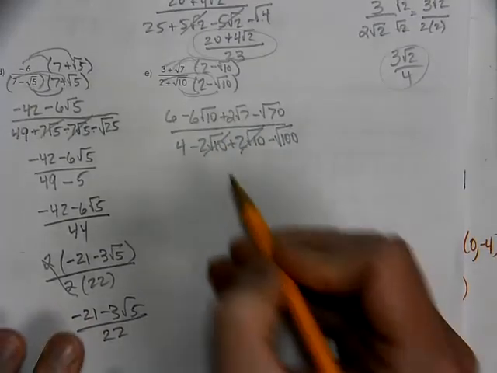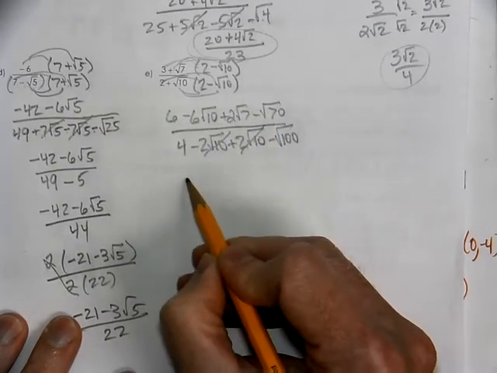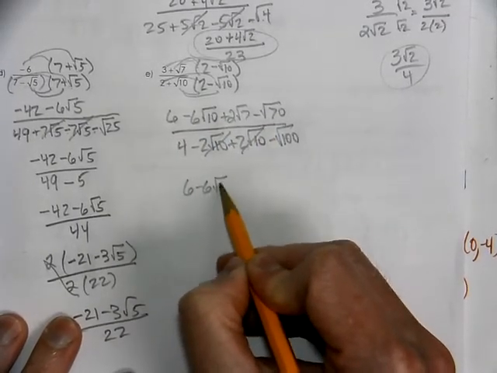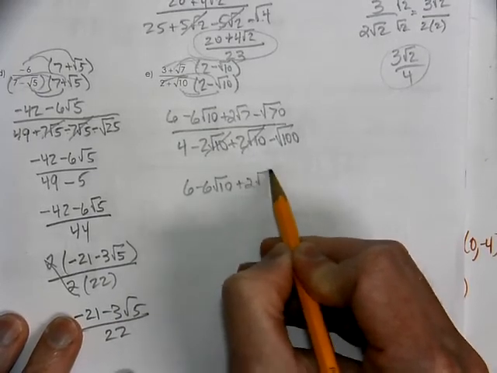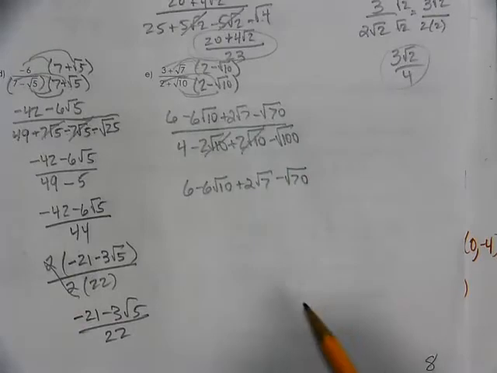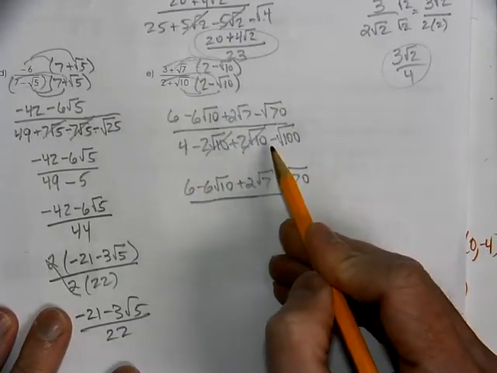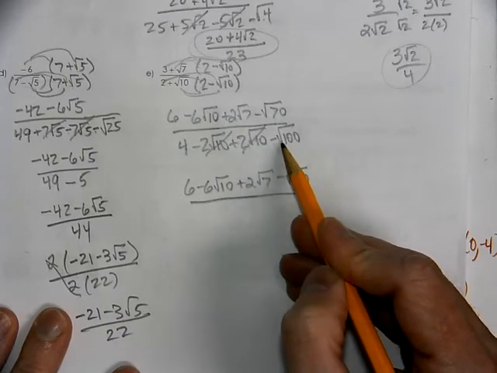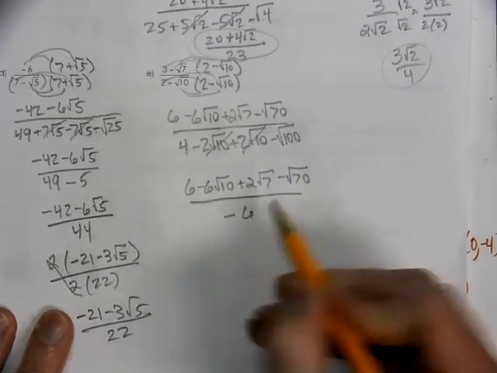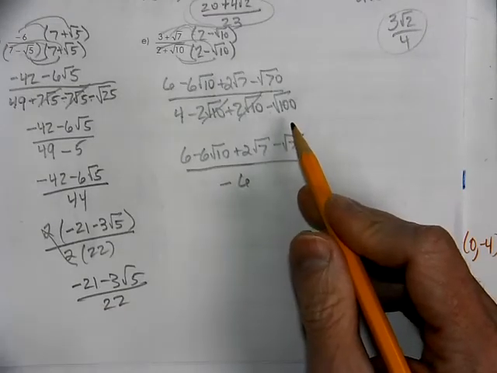That's the whole point. The top, there's actually nothing you can do with this top. 6 minus 6 root 10 plus 2 root 7 minus the square root of 70. There's nothing you can do with that. The bottom becomes 4 minus 10, which is negative 6. The square root of 100 is 10.